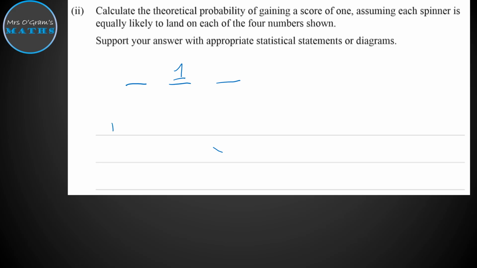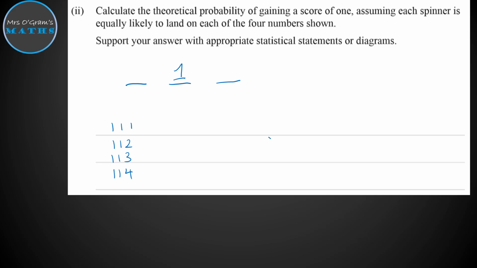So we could have 1, 1, 1. That would give us a median of 1. We could have 1, 1, 2, 1, 1, 3, 1, 1, 4. And then we'll move on to the others. For us to continue on having a median of 1, we're going to have at least 2 ones. So 2 of the spinners would have to land on a 1.